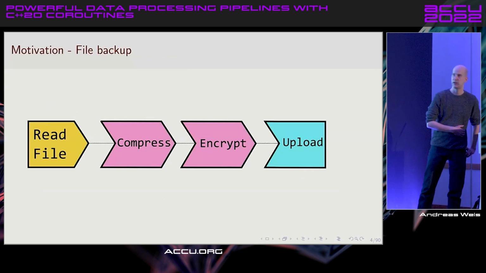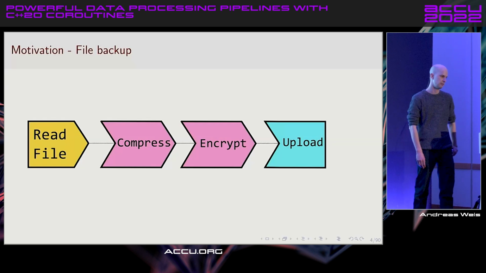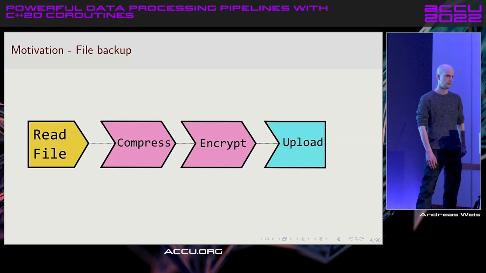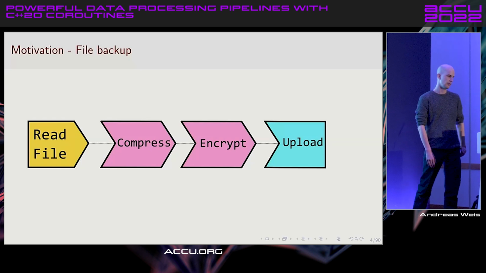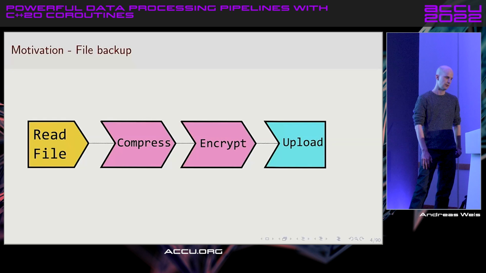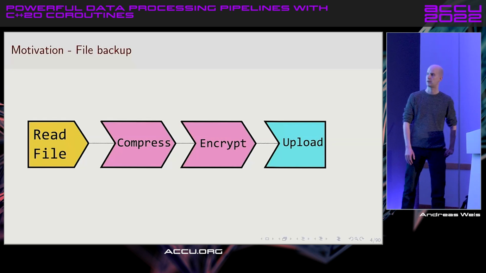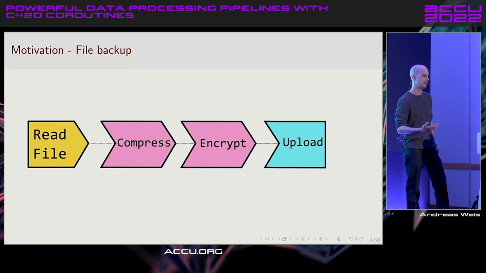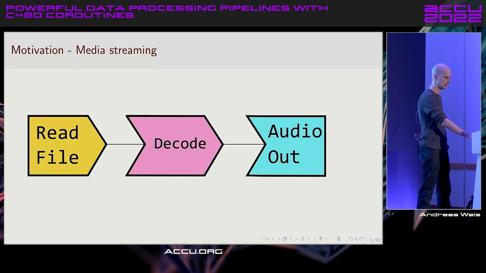So what do I mean by data processing pipelines? The motivation came to me when, in two different personal projects, I ran into two different problems that were quite similar. The one was I wanted to write an application that backs up files from the hard disk to the cloud. So I wanted to read a file from the disk, compress it, encrypt it, and then upload it to a server.